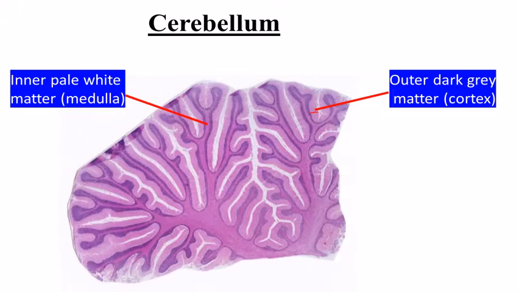All this is known as the cortex. The inner part here is the pale medulla. So the cortex is that. Here is the cortex. Inside is the medulla.